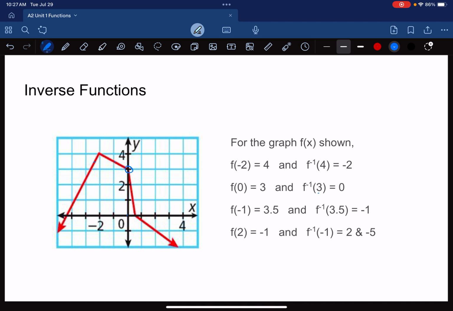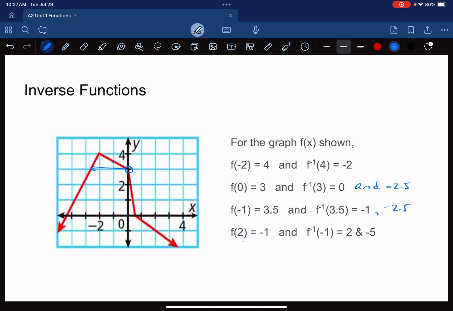So f inverse of 3 means you're starting at 3, and 0 gives you 3, but also this negative 2.5. And then f inverse of 3.5. Well, 3.5 gives us a value of negative 1 and negative 2.5.